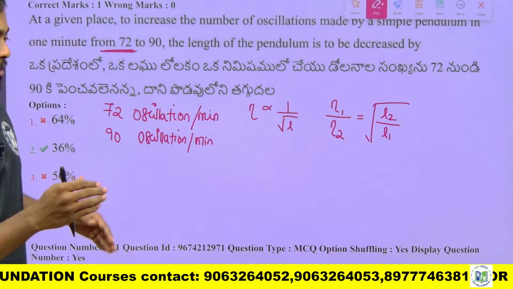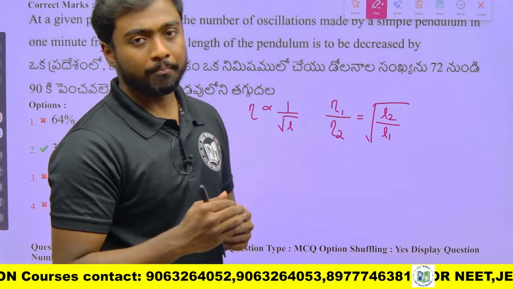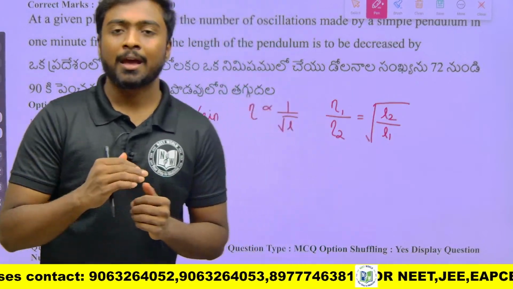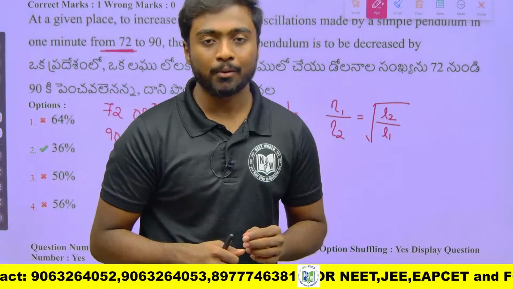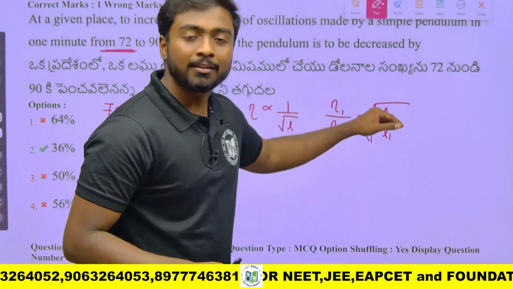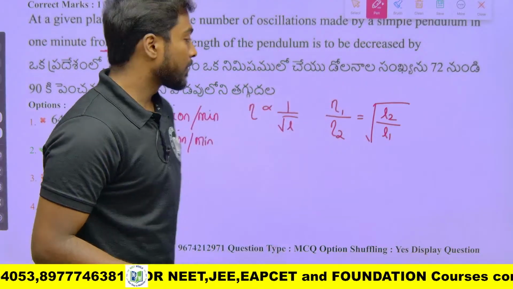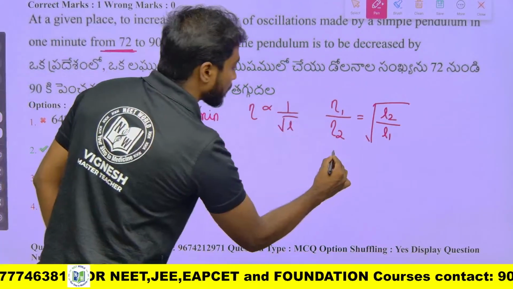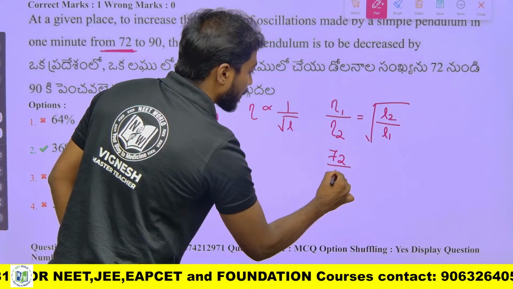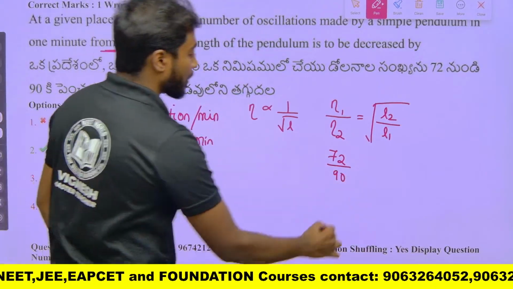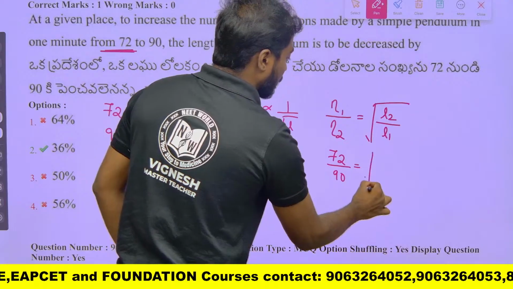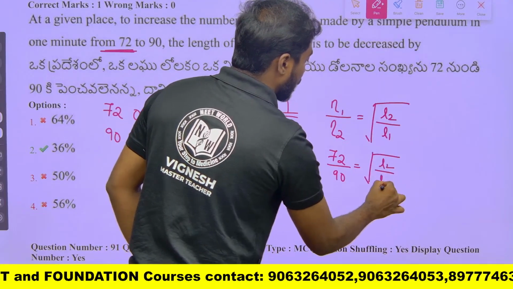Initially the length was L1, for example, and this length has been decreased or increased, whatever, so that is considered as L2. Now I need to find the decreased length. So 72 divided by 90 is equal to root over L2 by L1.